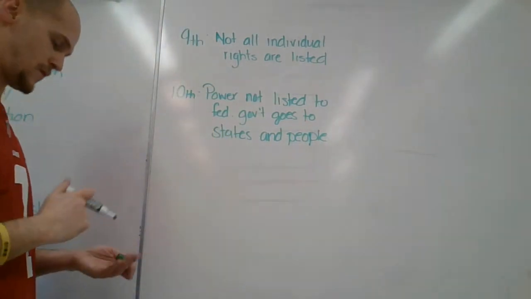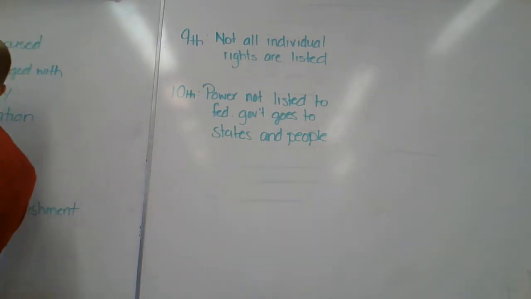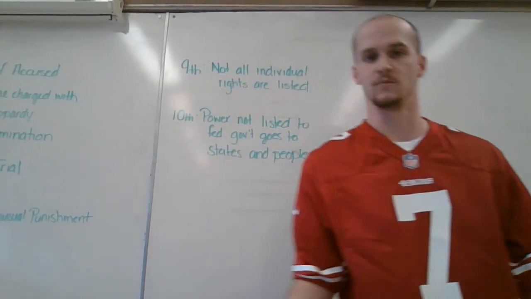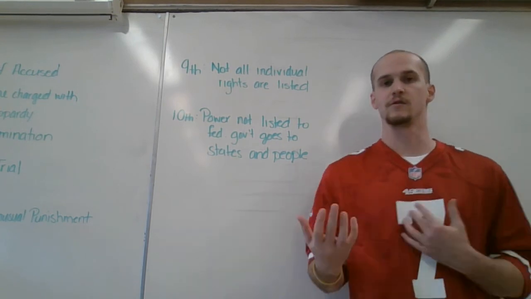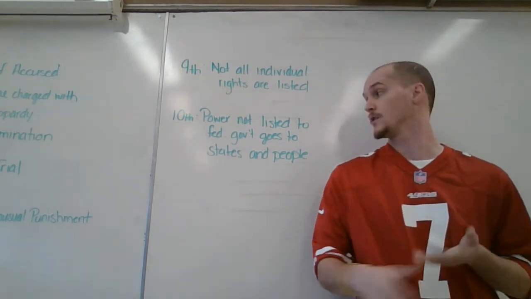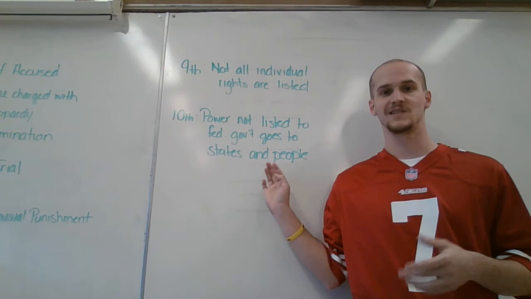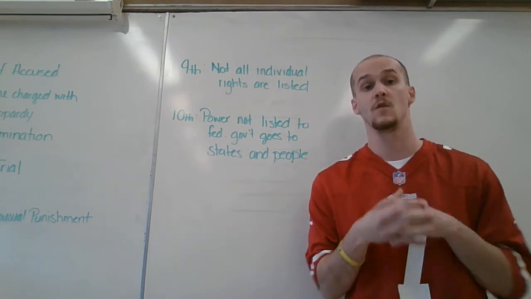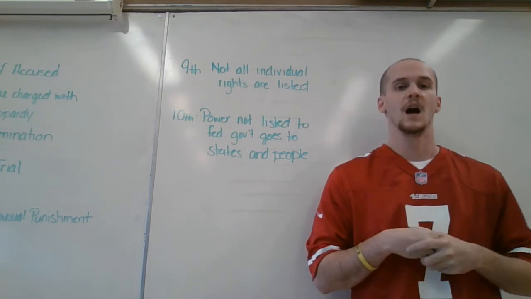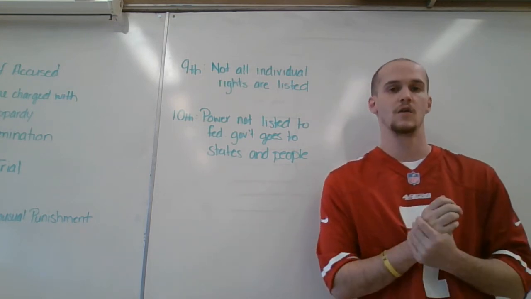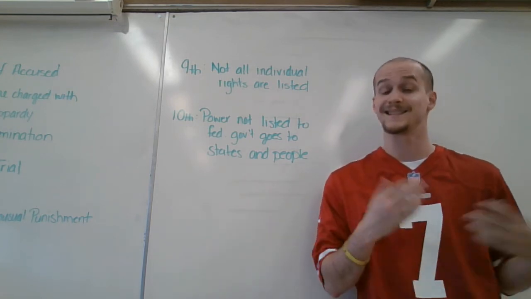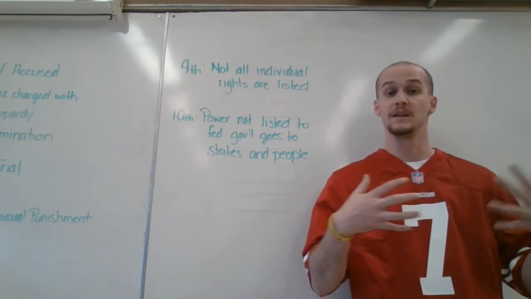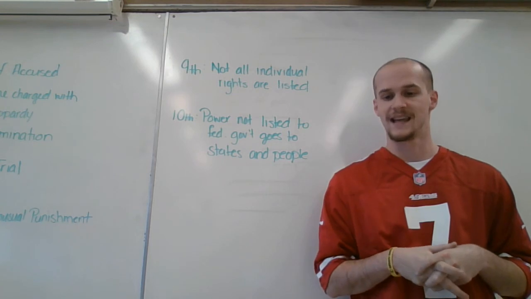So again, another one of those things that the Anti-Federalists didn't just want to take the Federalist word for it, that federalism was going to take place and that the federal government and the state government were going to work together. They wanted it put in the Bill of Rights, stated verbatim in this document that power is going to be shared, that if there is no federal law or rule against it, the states get the power to determine how that works, because those two sides are supposed to work together.